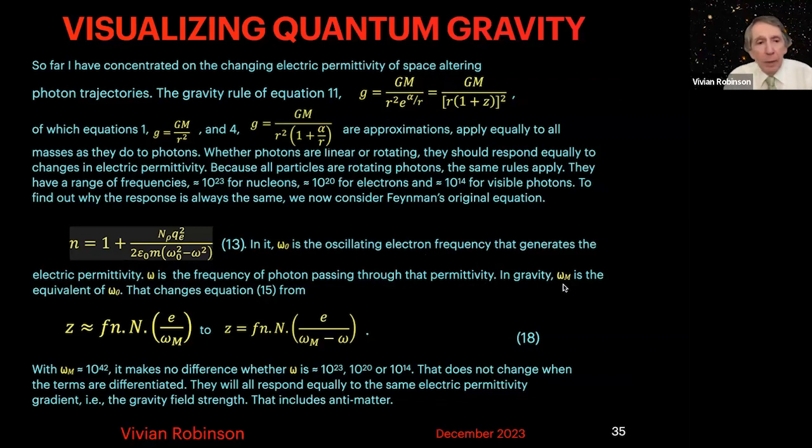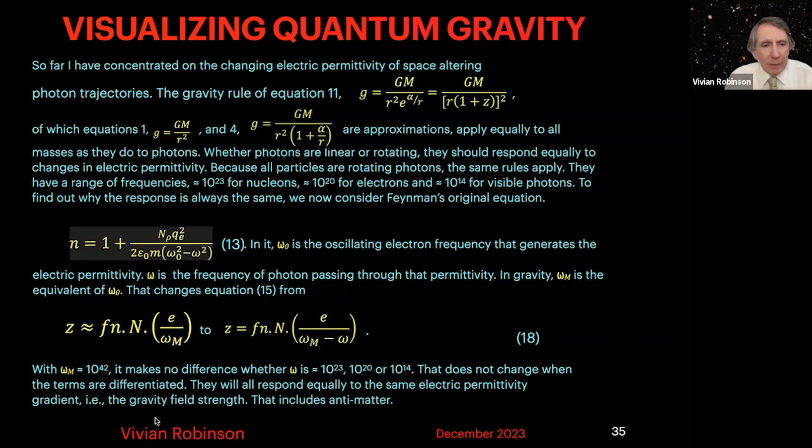In gravity, omega m is the equivalent of omega naught, and then that changes equation 15 from this term to this term, which has omega m minus omega. With omega m approximately 10^42, it makes no difference whether omega is 10^23, or 10^20, or 10^14.